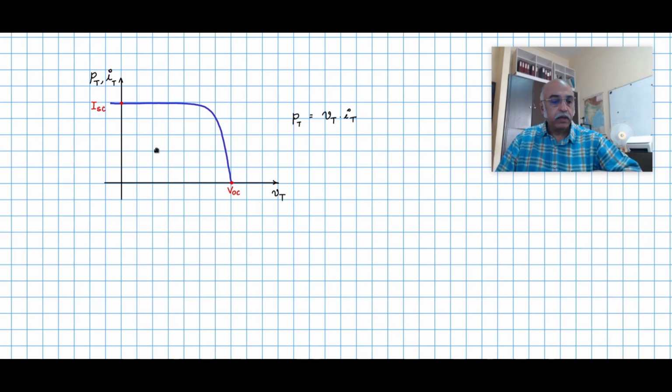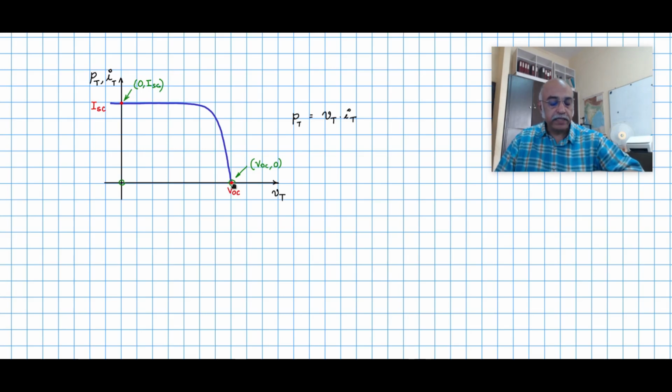This point we know is 0, ISC, and the power at this operating point is 0 into ISC, which is 0. At this operating point, we have VOC, 0 current. Therefore, the power is again 0.